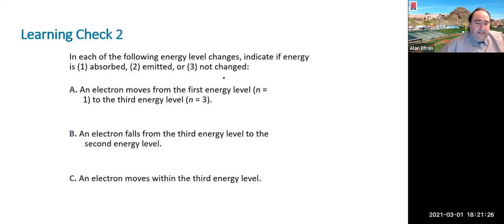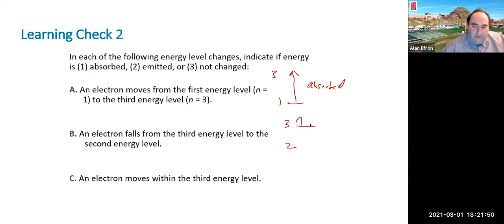So let's talk about this. An electron moves from the first energy level to the third. We're going from 1 to 3, like my example. In order to do that, it needs to absorb energy, right? It needs to gain energy to go from lower energy to higher. An electron falls from the third to the second.